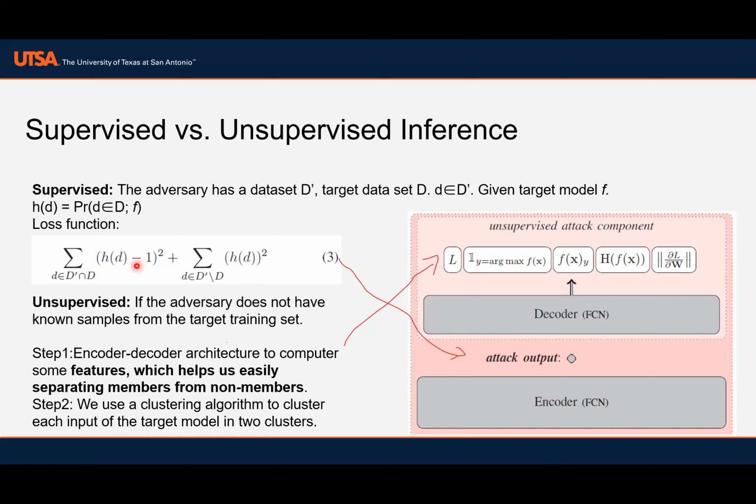So if D belongs to the target data set, then this part would be 0, and if D does not belong to the data set, this part will be 0.